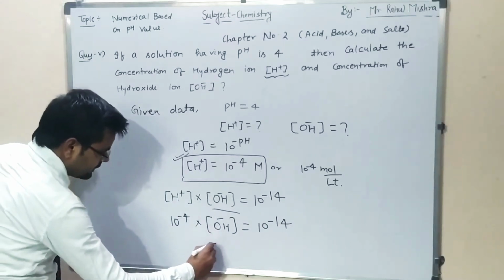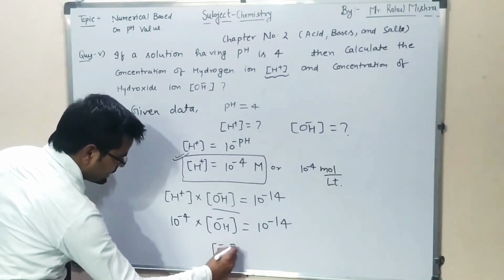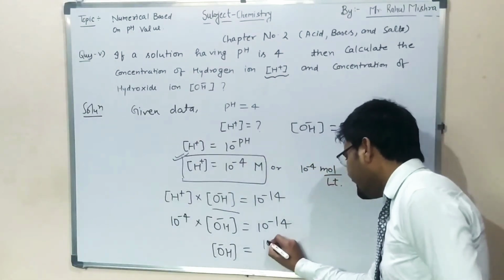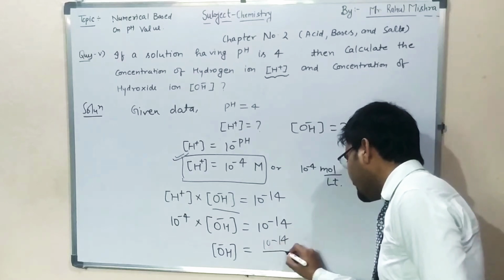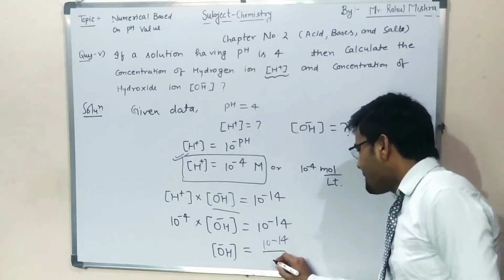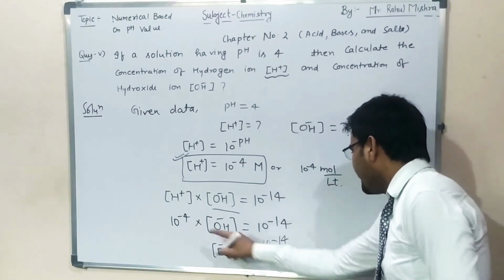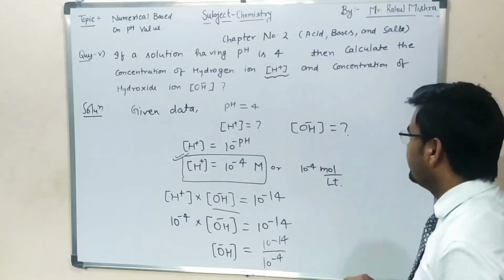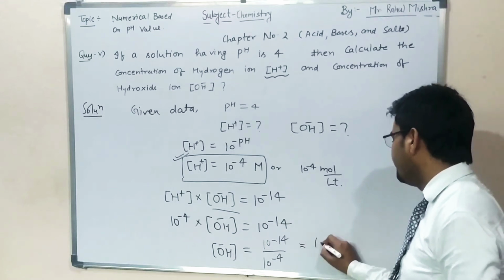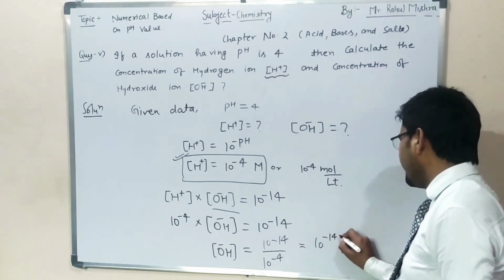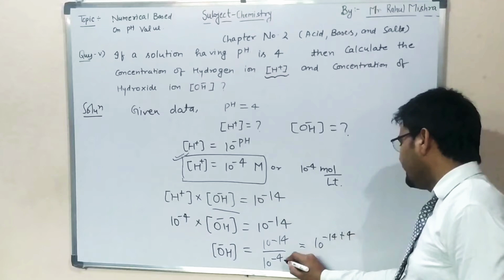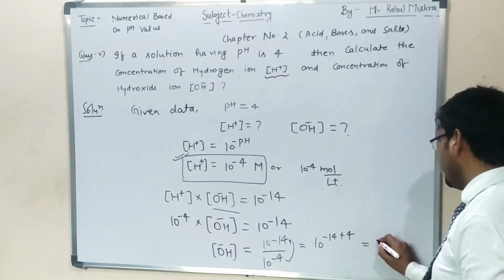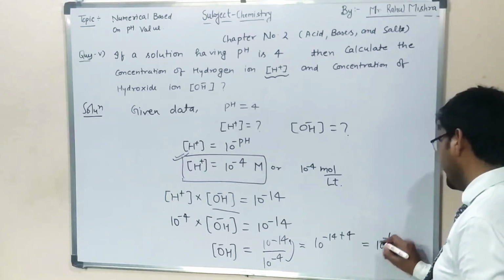So concentration of OH minus ion will be equal to 10 to the power minus 14 divided by 10 to the power minus 4. Now it will become 10 to the power minus 14 plus 4. When this power comes up, it becomes positive, and this will become 10 to the power minus 10.